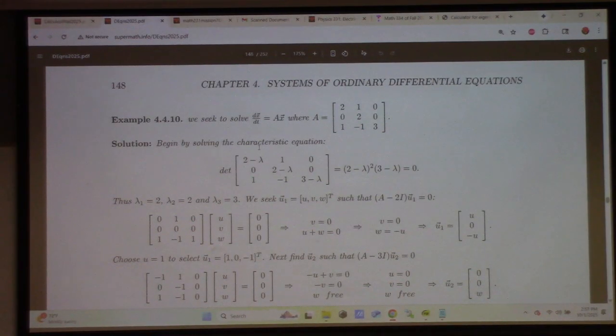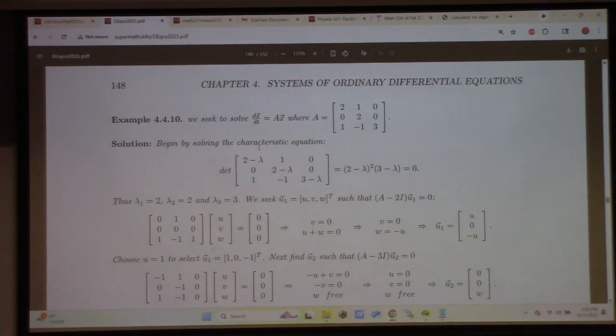This is 2 minus lambda times the determinant of 2 minus lambda, 0, minus 1, 3 minus lambda. Then minus 1 times the determinant of the other piece, which is 0, 1.